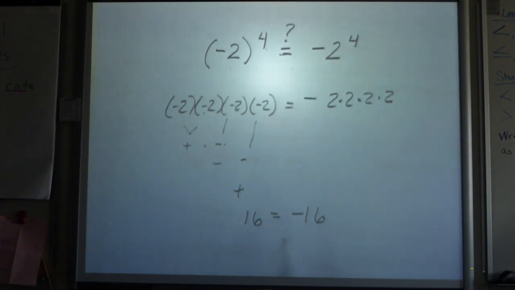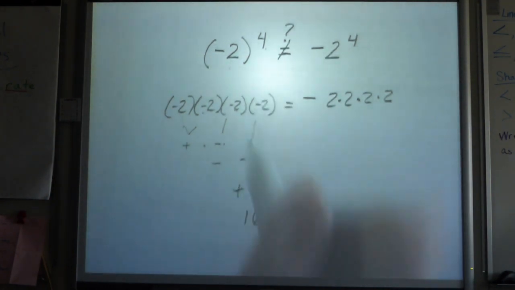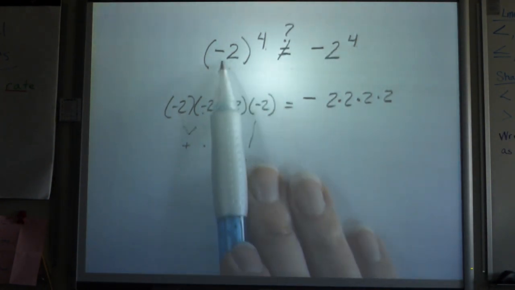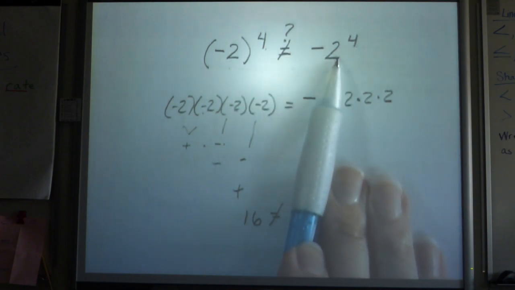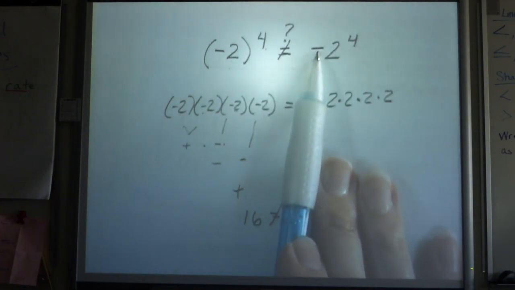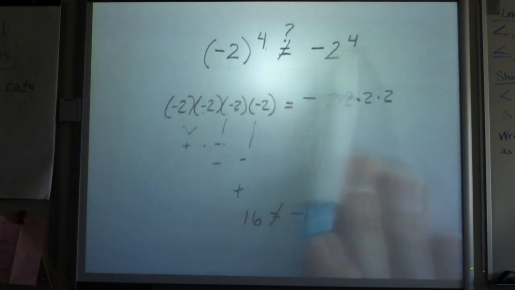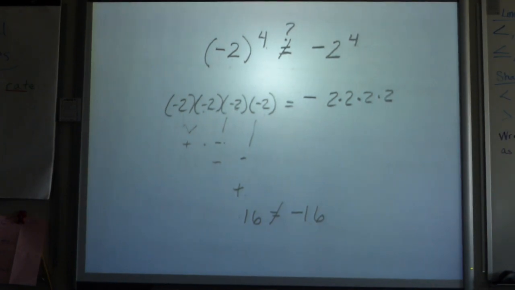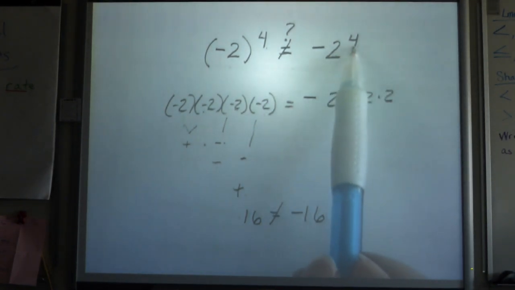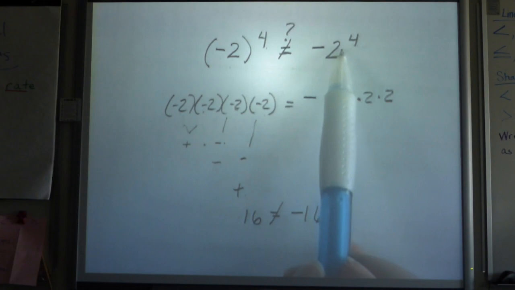These two are not equal. Here, the -2 gets raised to the 4th power. Here, only the 2 gets raised to the 4th power. So we're looking at the opposite of 2 to the 4th. Here, we're looking at -2 to the 4th power. So there is an important difference there. You have to remember that that exponent only applies to whatever is immediately before it.